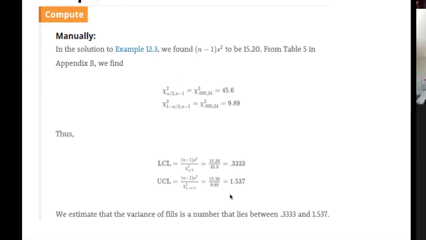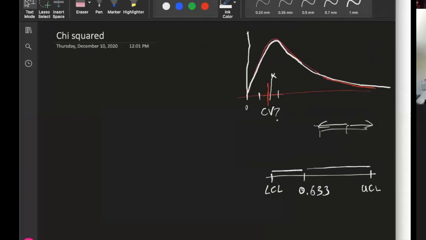Now let's take a close look. My lower confidence level is 0.333. That's the variance of the machine, lower confidence level. And the variance for the upper confidence level is 1.537, which is well above that 1 cubic centimeter.